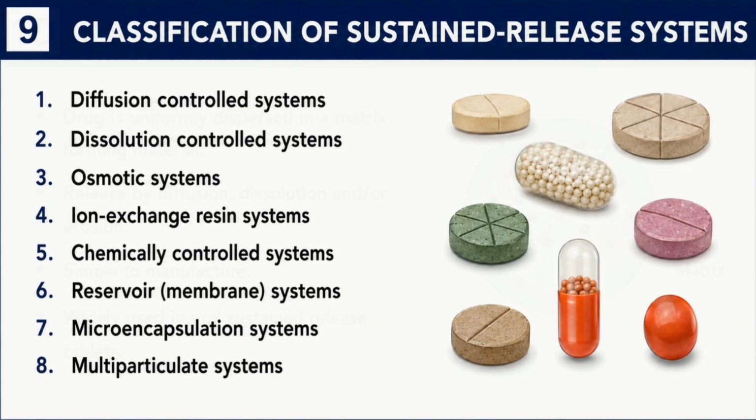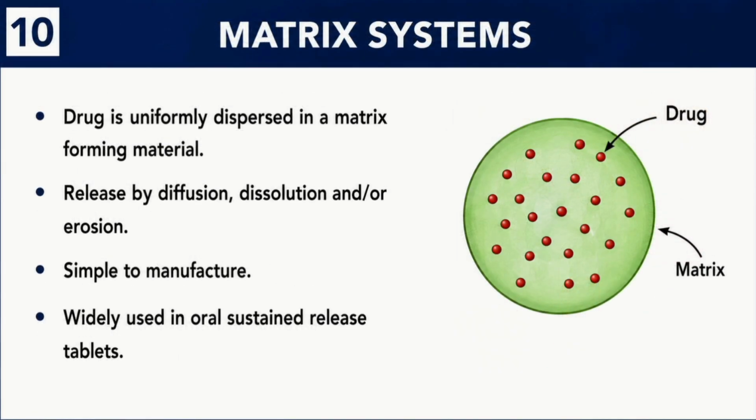Matrix systems. Matrix systems are among the most widely used approaches for sustained release tablets. In a matrix system, the drug is dispersed through a continuous matrix forming material. The matrix may be composed of hydrophilic polymer, hydrophobic polymer, wax, or other suitable materials.